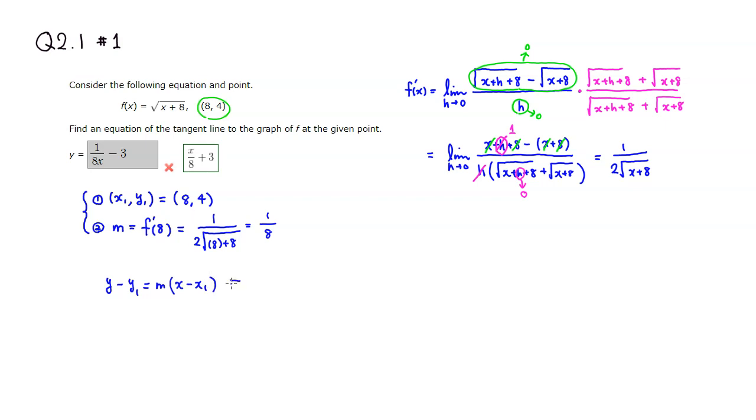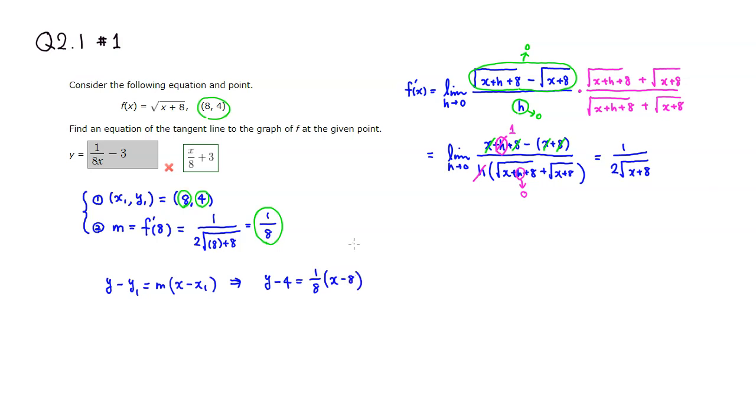So y minus y1, y1 is 4, so we put 4 in there, is equal to m. M, we just found to be 1/8. So 1/8 times quantity x minus x1. x1 is 8, so we put 8 in there.